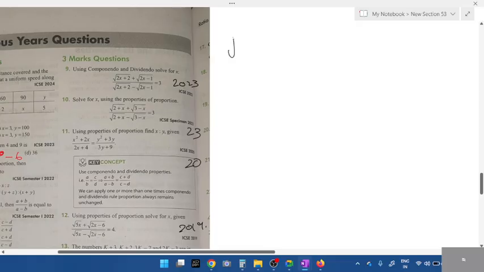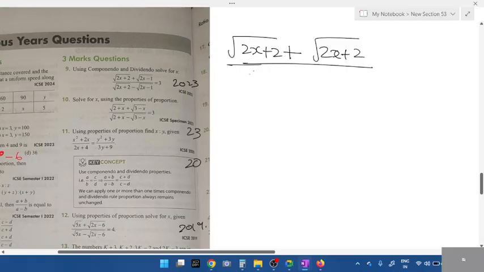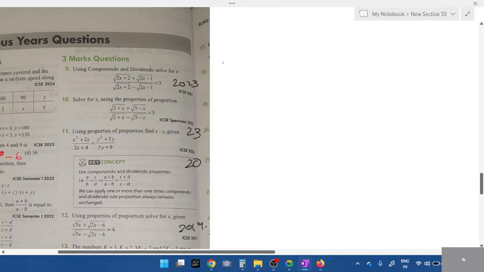Using componendo dividendo, we need to solve. 2x plus 2. I'll do it directly. Plus denominator 2x plus 2 plus 2x minus 1.